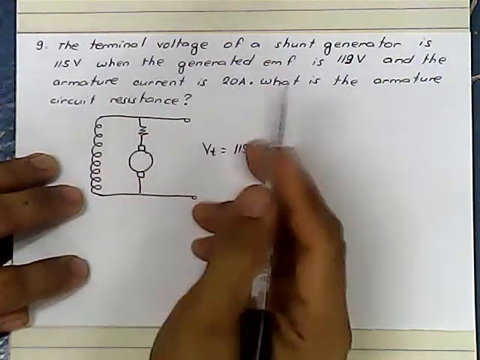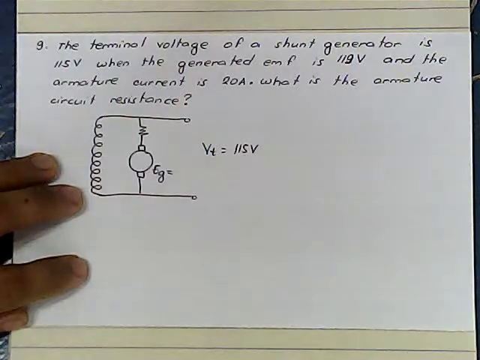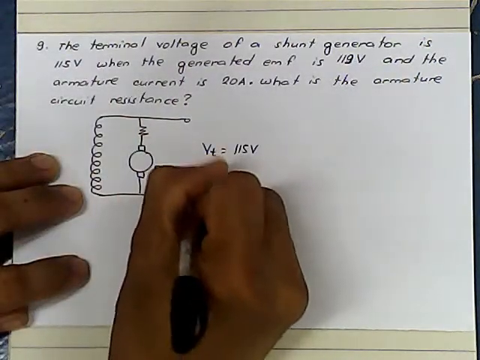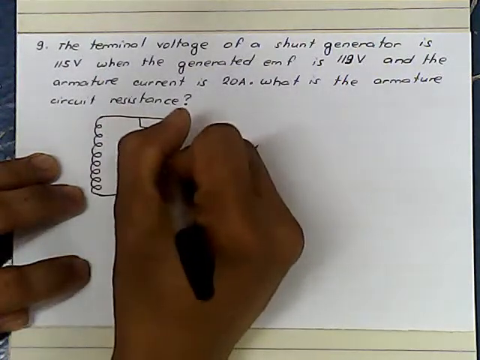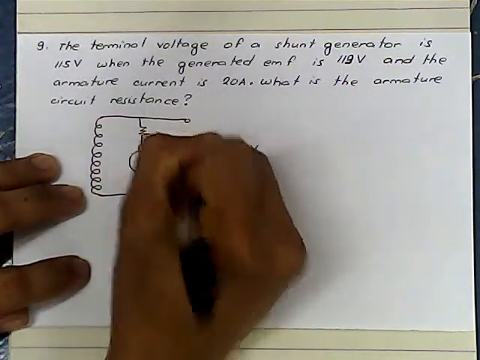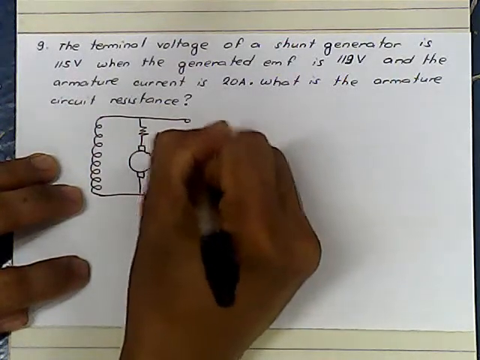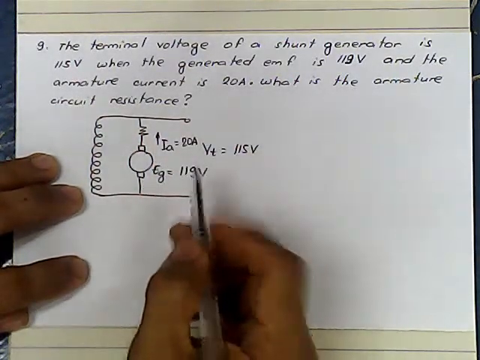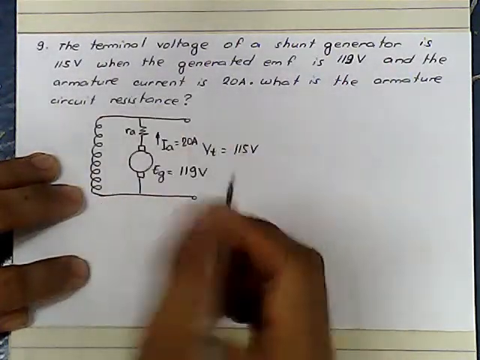Then, EG is given as 119 volts. IA is equivalent to 20 amperes. Ang hinahanap natin is the armature circuit resistance.